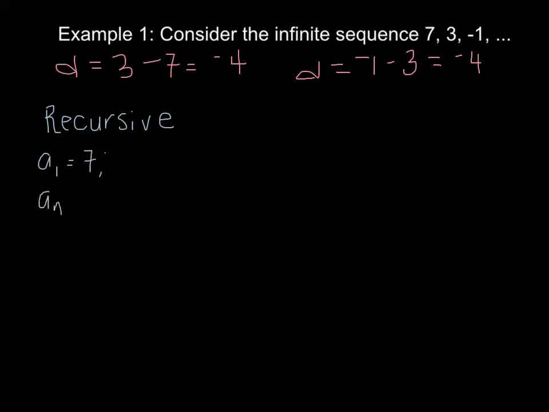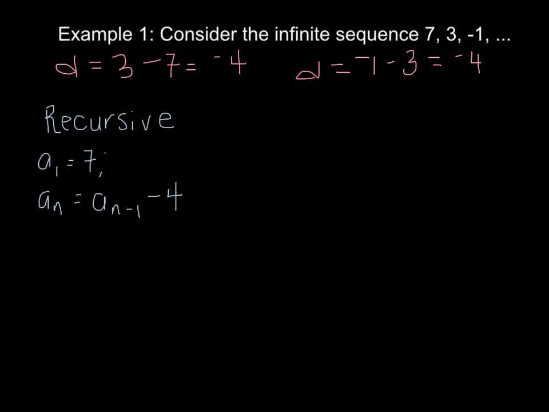To obtain any term, so a sub n, you must take the term before it, a sub n minus 1, and add, or in this case, subtract, the common difference, which is 4. So the recursive rule is a sub 1 equals 7, and a sub n equals a sub n minus 1 minus 4.